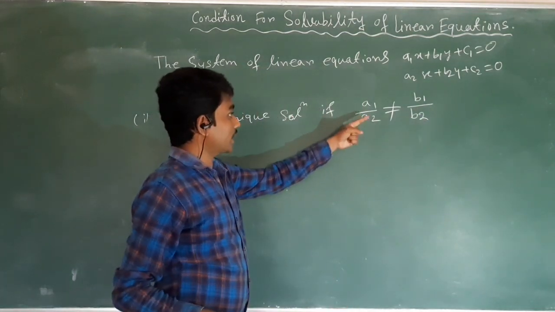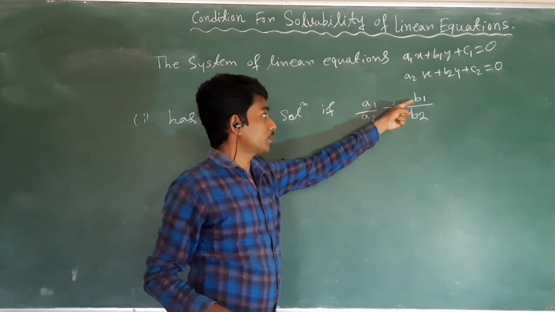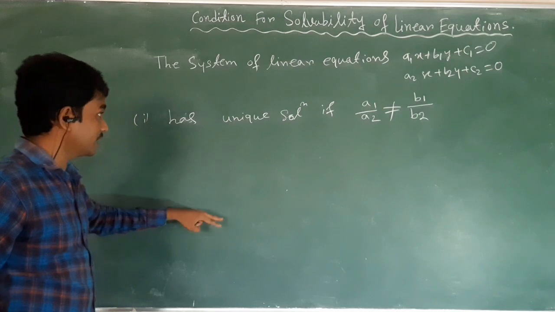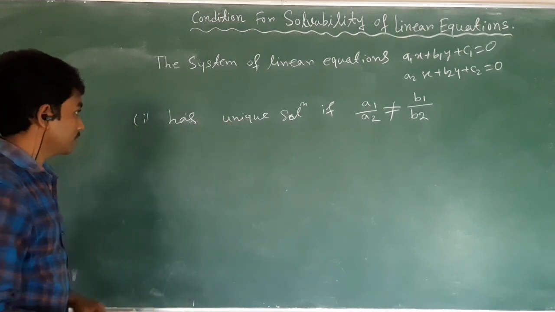So if a1 upon a2 is not equal to b1 upon b2, then the given system of linear equation has unique solution.